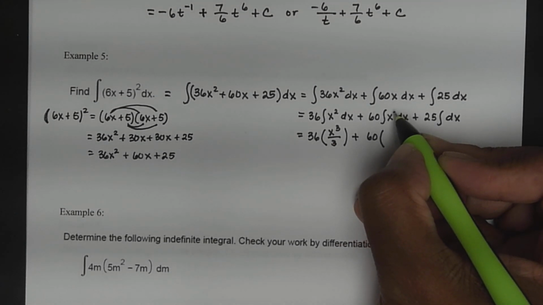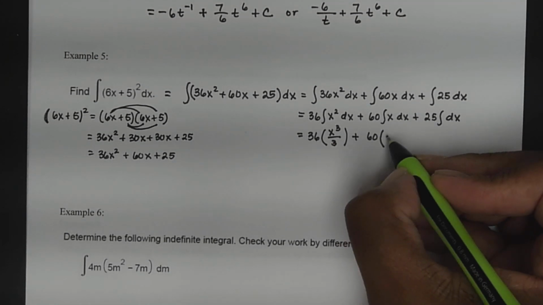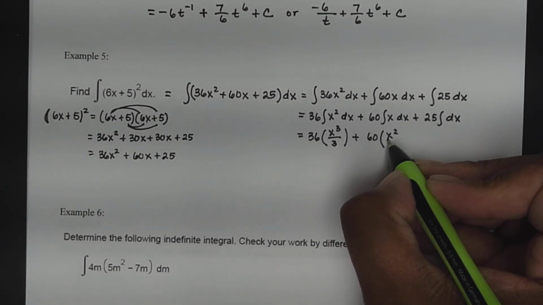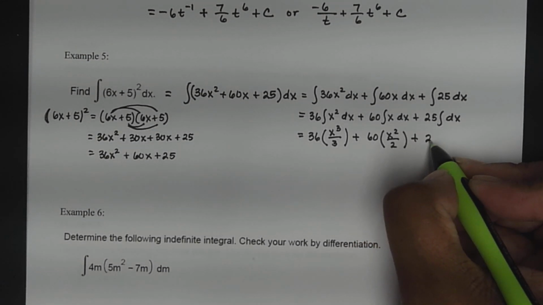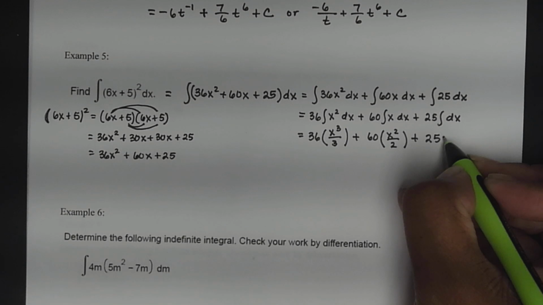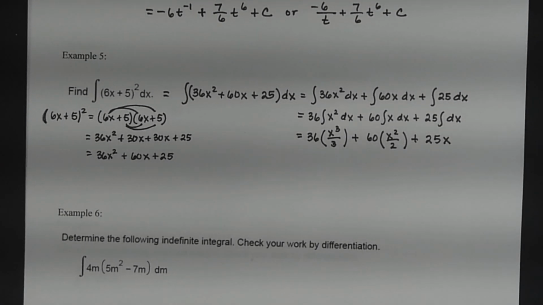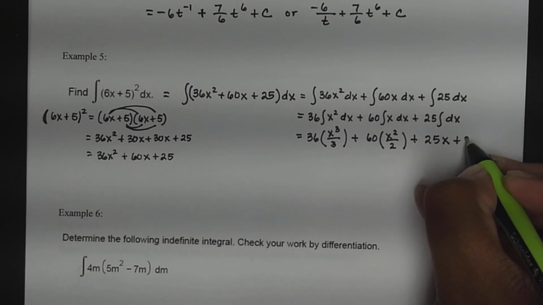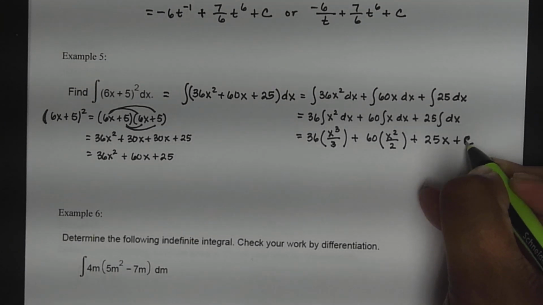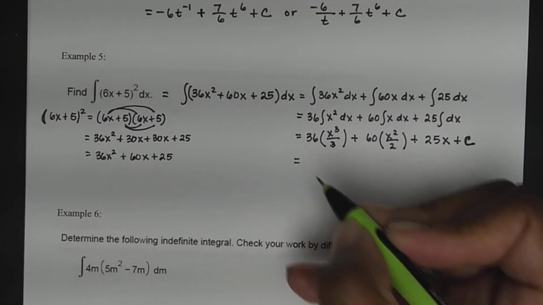If I increase that power by 1, it'll be 1 plus 1, which is 2, so it'll be x squared divided by 2, that's your new exponent, plus 25 times the integral of dx, or 1 dx, would just be x. And of course, I need to include the plus c. Can't leave that out.